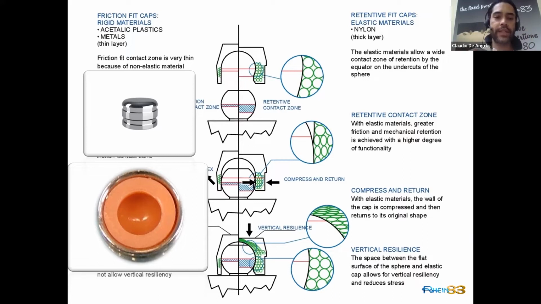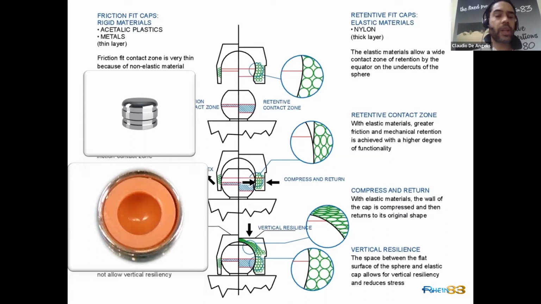So it will open a bit, overcome the maximum diameter, and close again on the undercuts. Like a hook, basically. We can use the elasticity of our cap the same way as the elasticity of a hook of a metal frame, for example. So it's very important to use the metal housings for the caps.